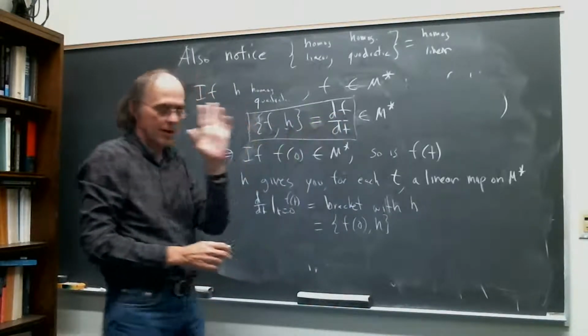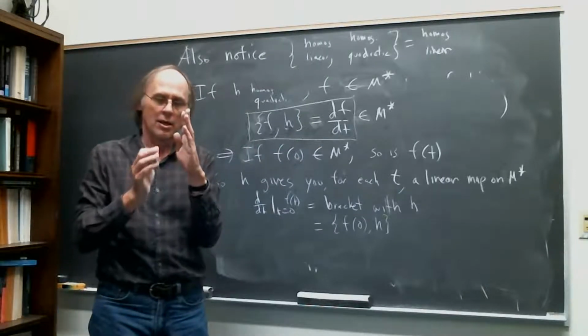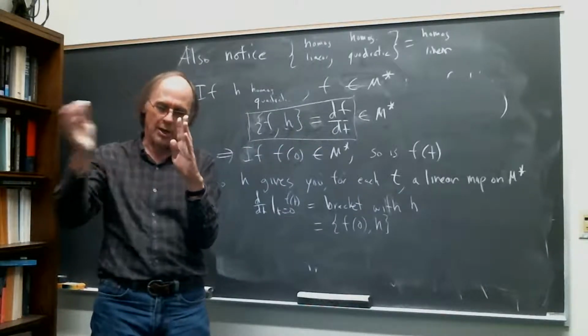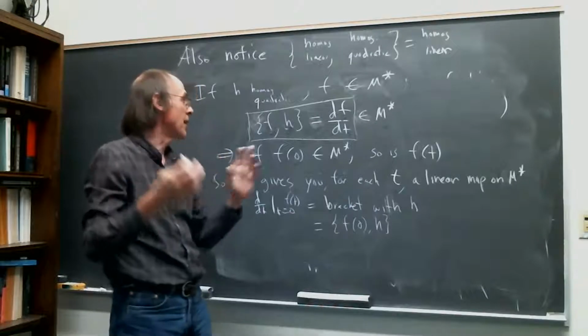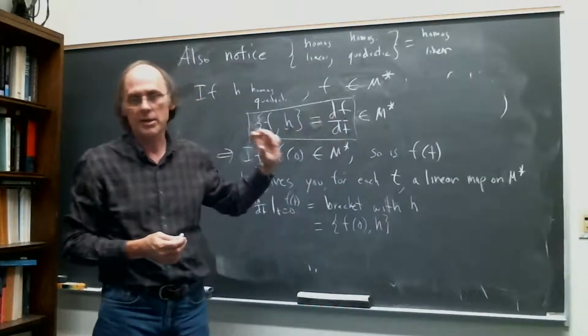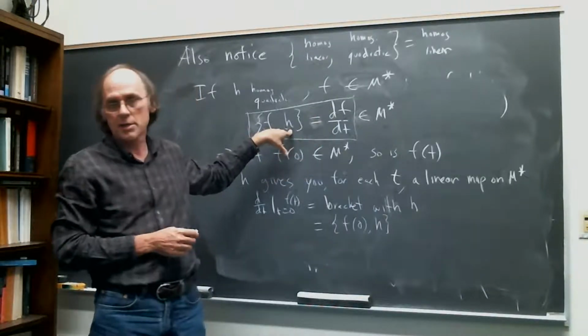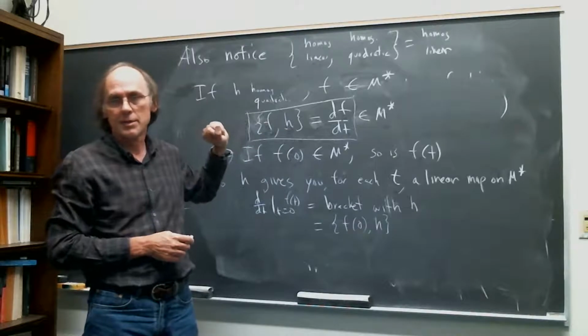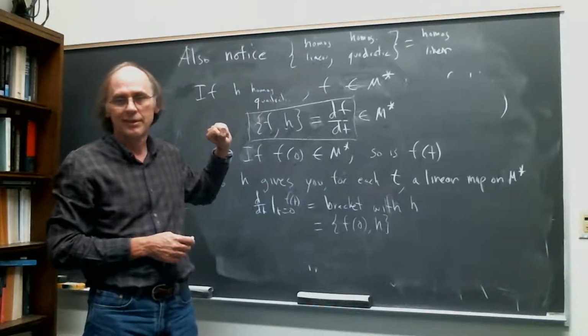If you start out with a linear combination of these p's and q's, you're always going to have a linear combination of these p's and q's, as long as this is constant. Does that help? Yeah. Okay.